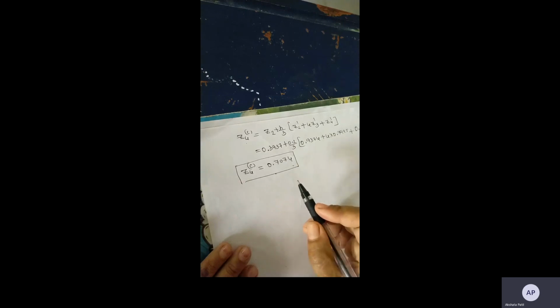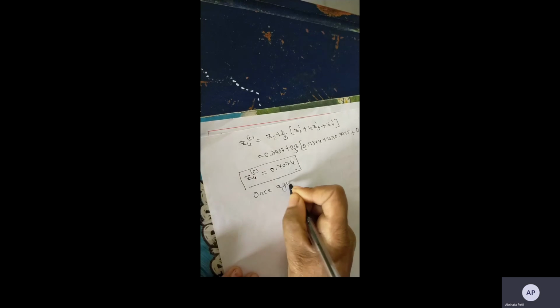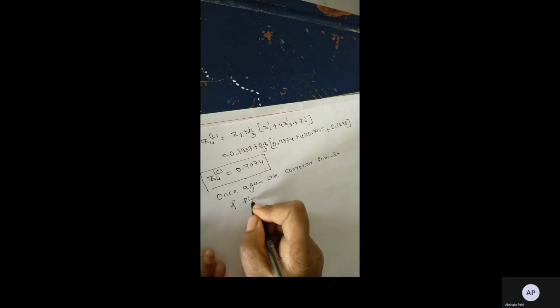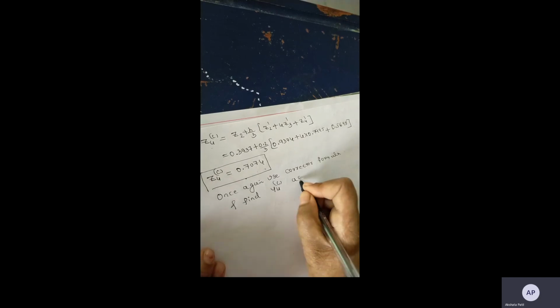Now, step 6 is what? After applying the corrector formula for y4 of corrector and z4 of corrector, once again we need to use the corrector formula and find y4 of corrector again, because in the question they have mentioned to apply the corrector formula twice.